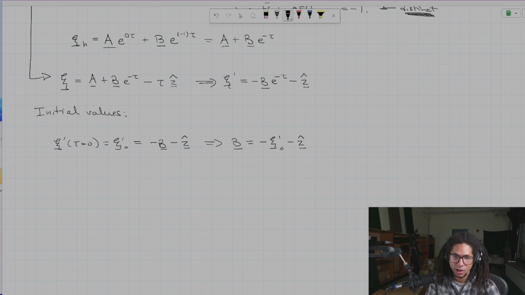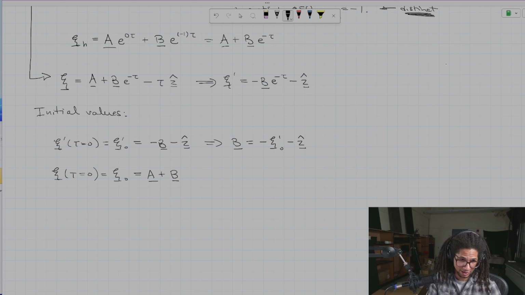Good. Now I can solve for A by noting that the initial condition, or the initial value, for C at tau equals 0 will be some given. I'll call that C naught. And that's going to be A plus B, since the e to the minus tau will be 1, and then minus 0 times z hat.